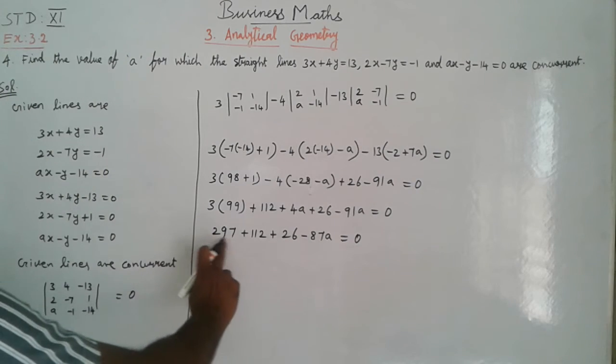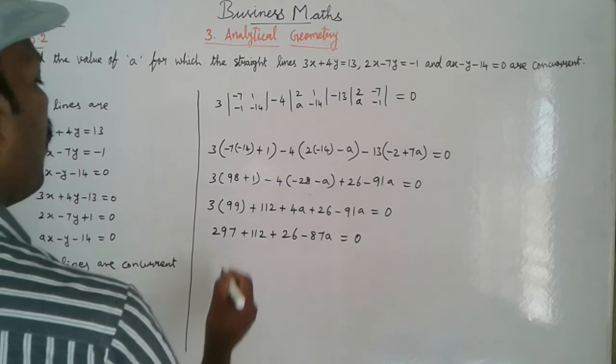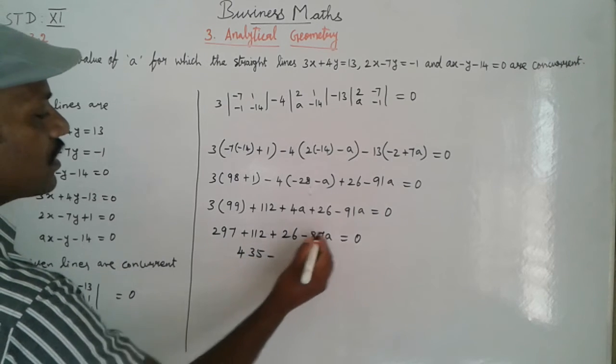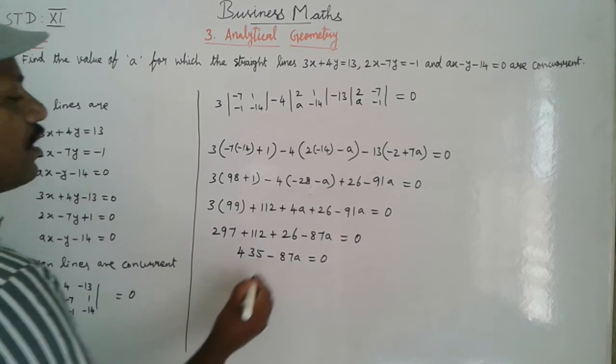Next we add 297, 112 and 26, which is 435. So 435 minus 87a equal to 0.